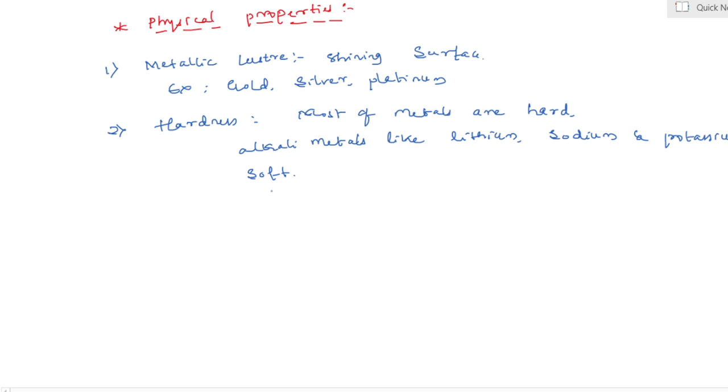Yes, it means some exceptions are there. Some alkali metals like lithium, sodium and potassium are termed as soft. They are cut with the help of a knife. Yes, my dear students.